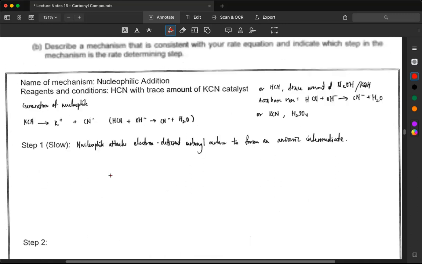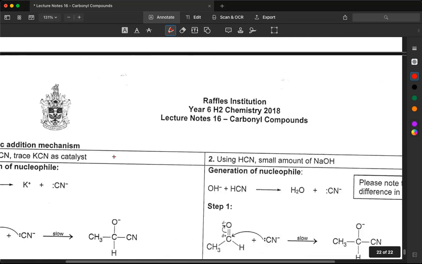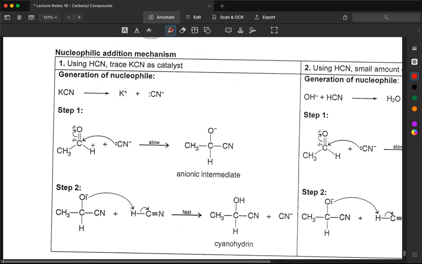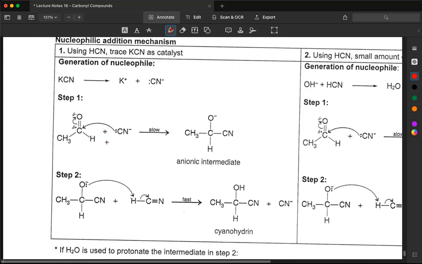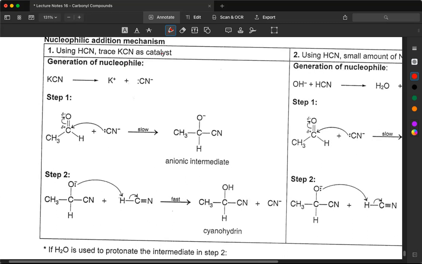The detail is in here, so we will go through it now. Let's say you use KCN as the catalyst, then this will be the mechanism.